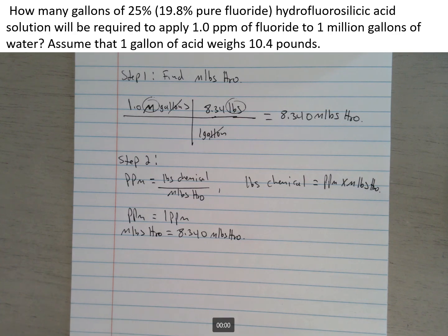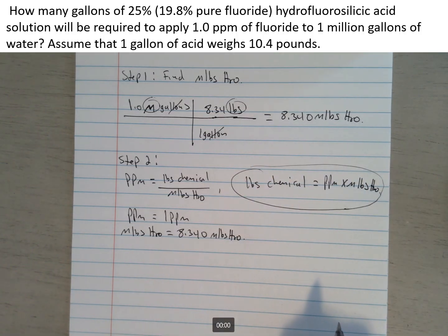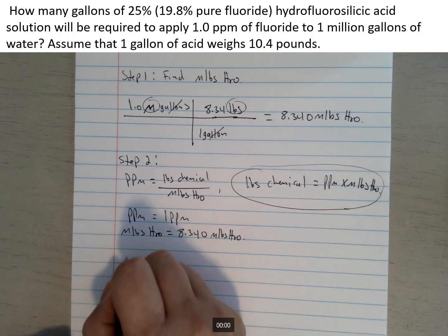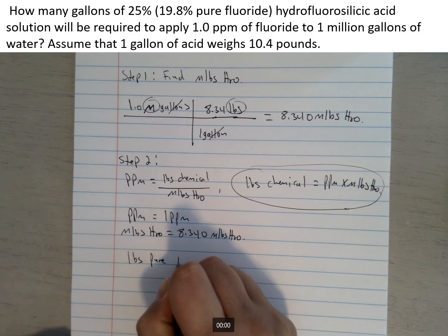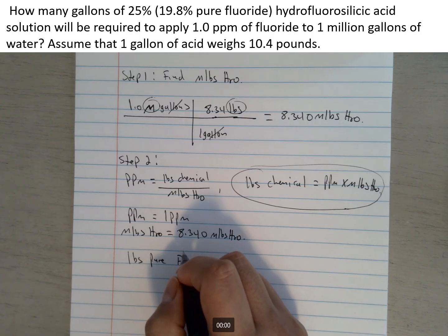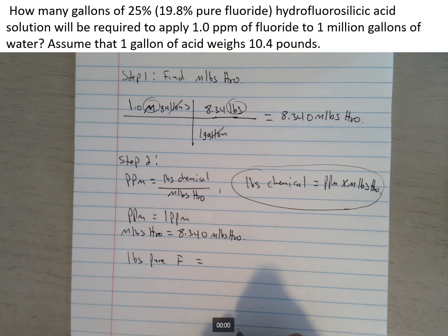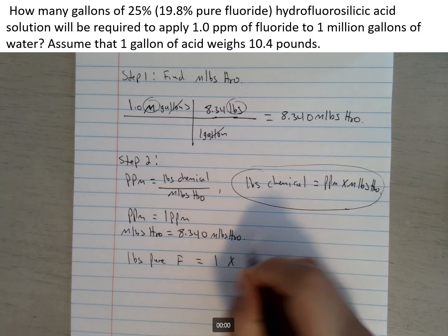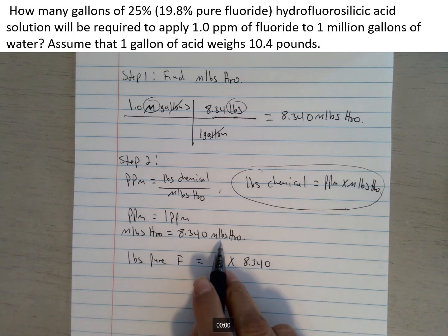So the equation that we're going to use is this one, because we need to find our pounds of pure fluoride that we need to achieve that 1 ppm. So with that equation, pounds of pure fluoride is going to be equal to 1, which is the part per million that we want to achieve, times 8.34 million pounds of water.